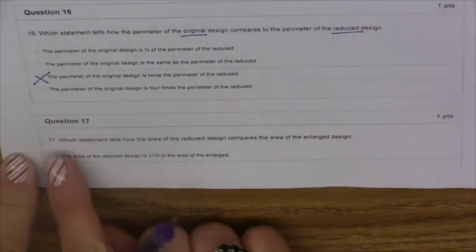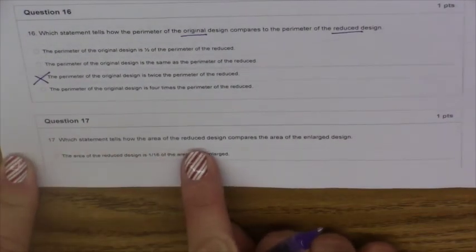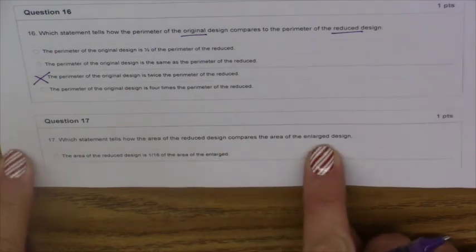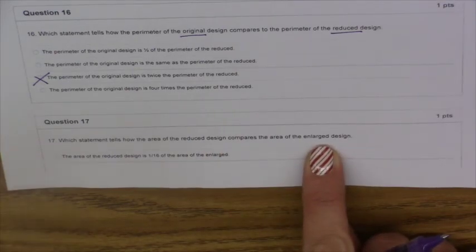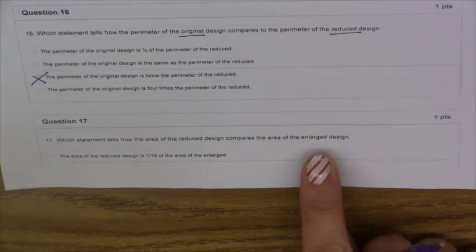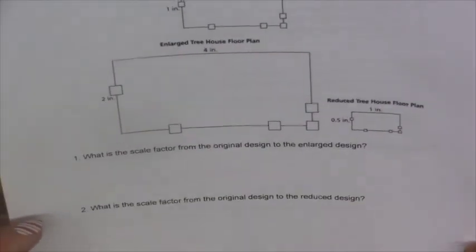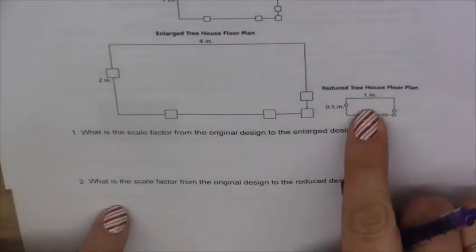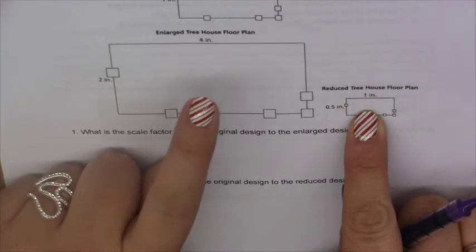Question 17, which statement tells how the area of the reduced design compares to the area of the enlarged? So this time we're going to be talking about that scale factor squared. So we're looking at reduced to the enlarged. So how does this area compare to this area?